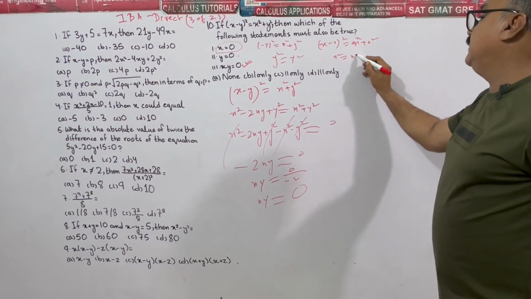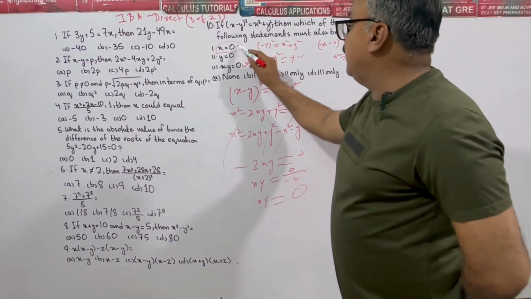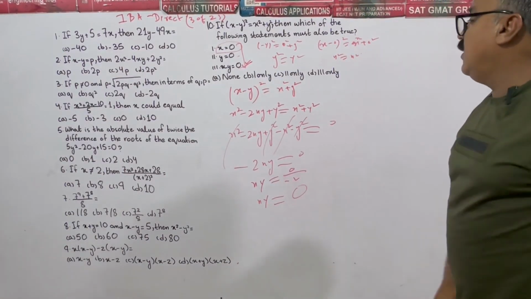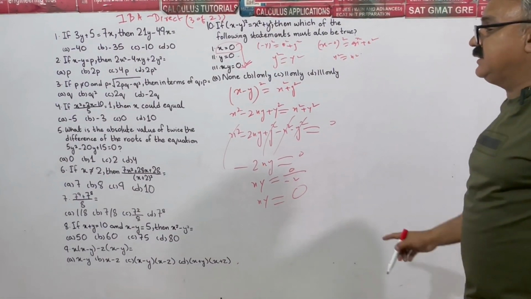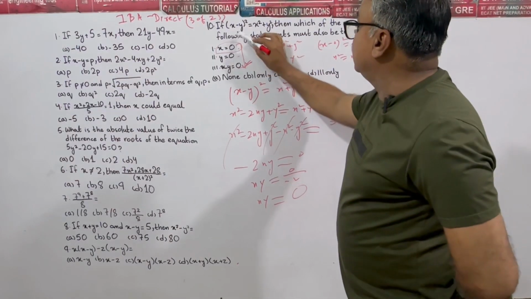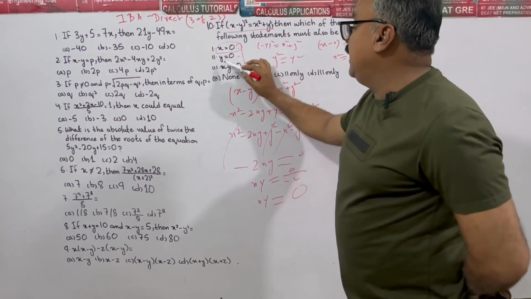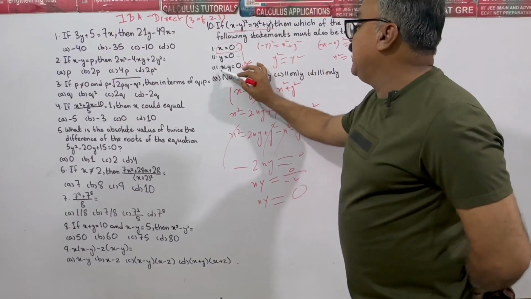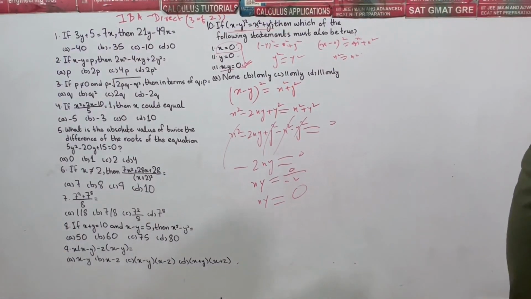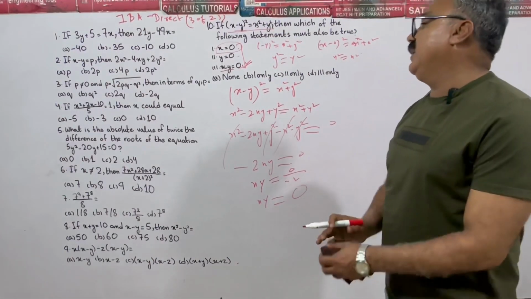It is also workable. All options are workable in our case: whether x is equal to 0, y is equal to 0, or their product xy is equal to 0, they are equal. You have to utilize all these options.